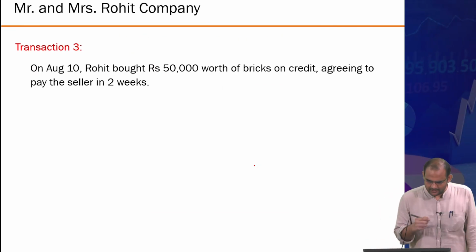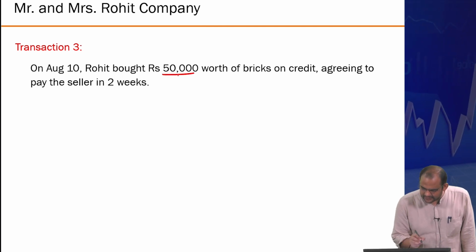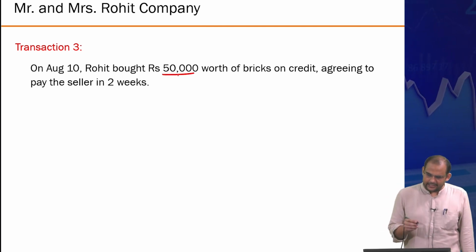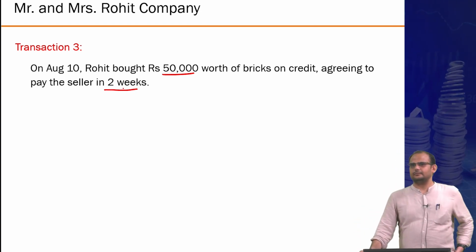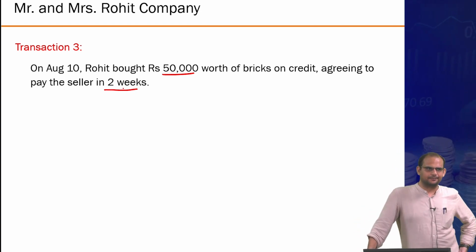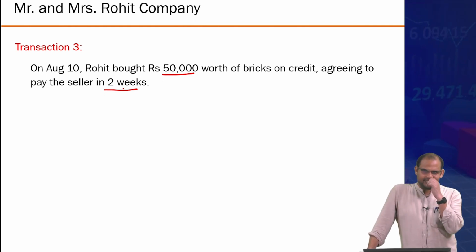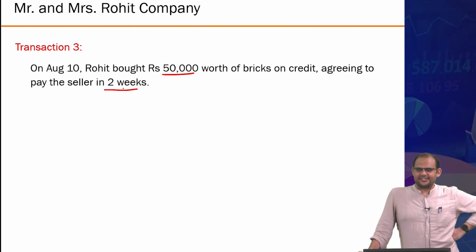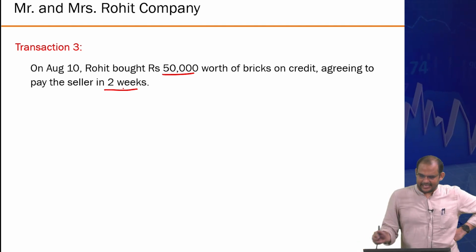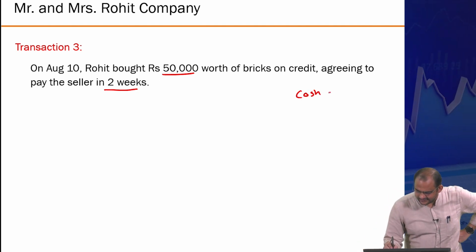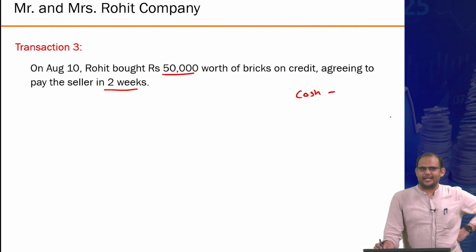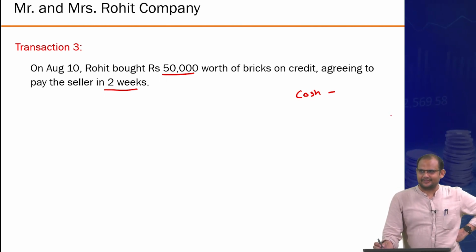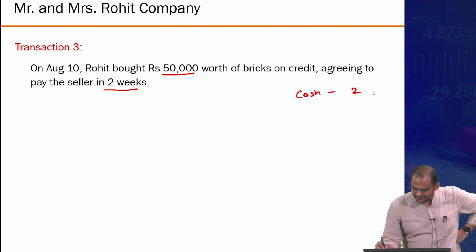August 3. Rohit bought 50,000 worth of bricks on credit, agreeing to pay the seller in 2 weeks. What happens now? What are the assets getting affected? Cash? Any change in cash? Yes? No? How many yeses? 2 yeses. How many no's?